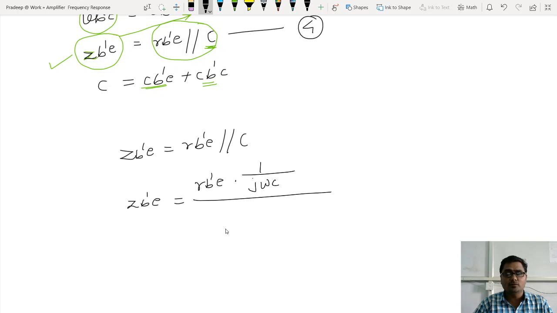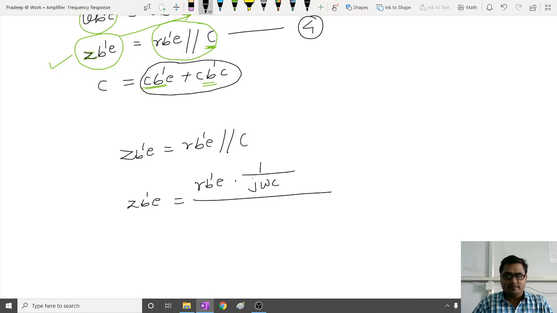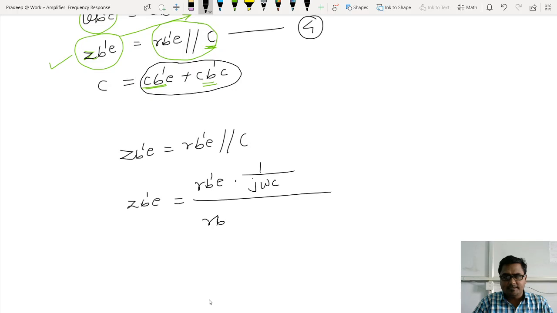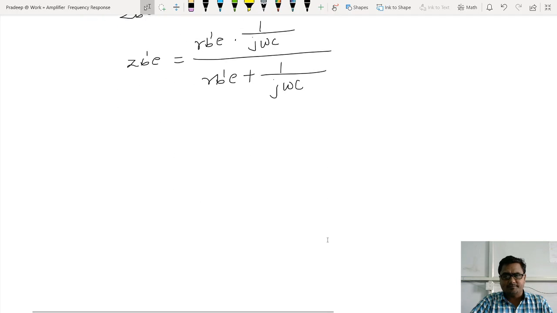I am not writing the value of C, that is CB'E and CB'C. Now it will be RB'E plus 1 divided by j omega C. That's the only thing we need to solve.